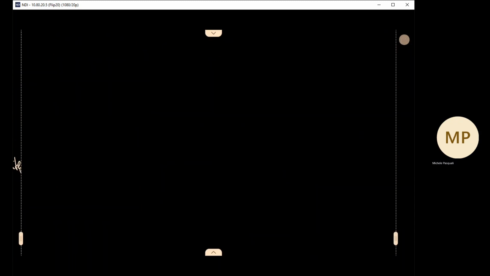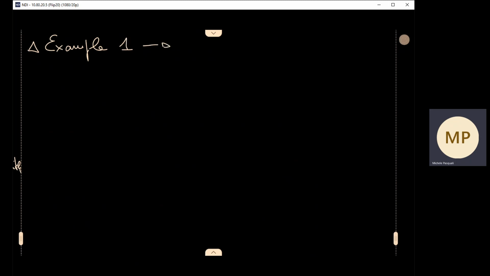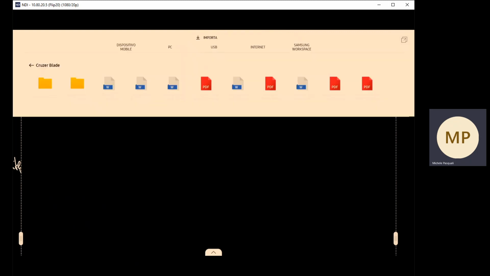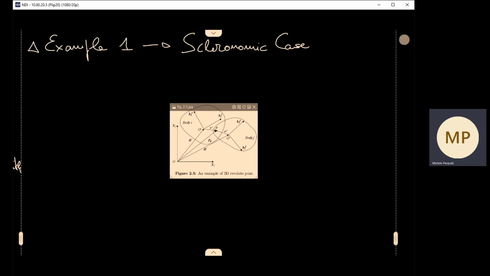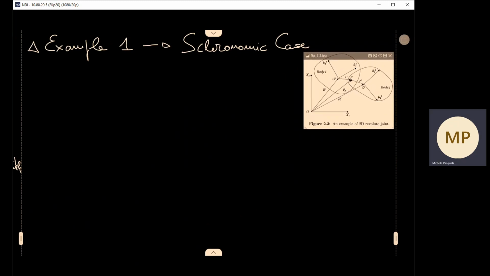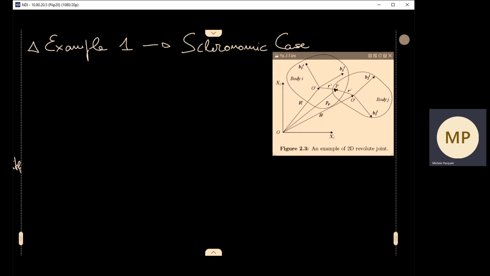Okay, all right, so let's make an example. Because we have talked so much about constraints, but now let's actually see one. Scleronomic case. Scleronomic constraints. And to do so, let's actually use a picture. All right, let's see this one, in which we have, let's say, a 2D case.